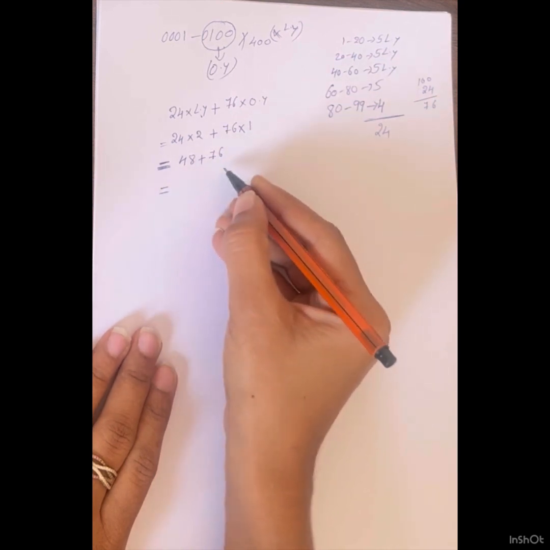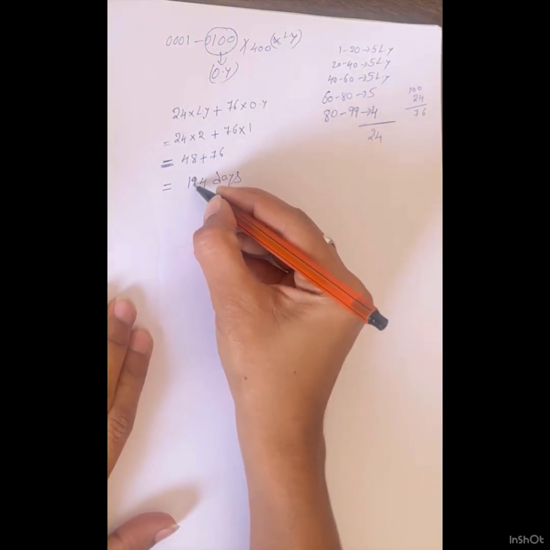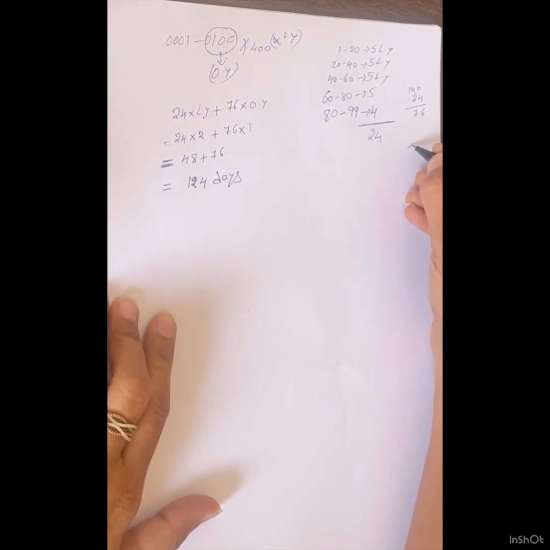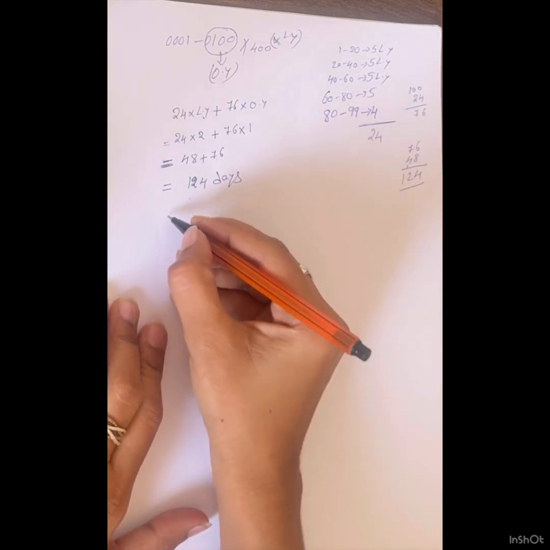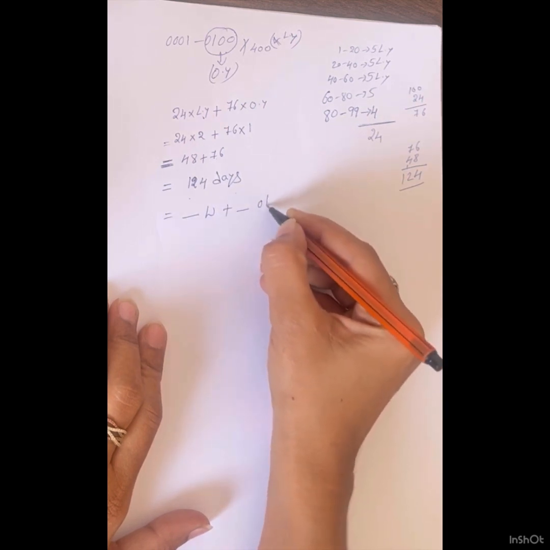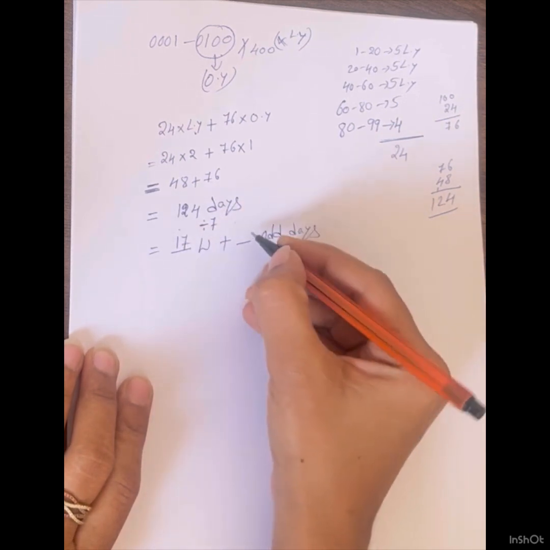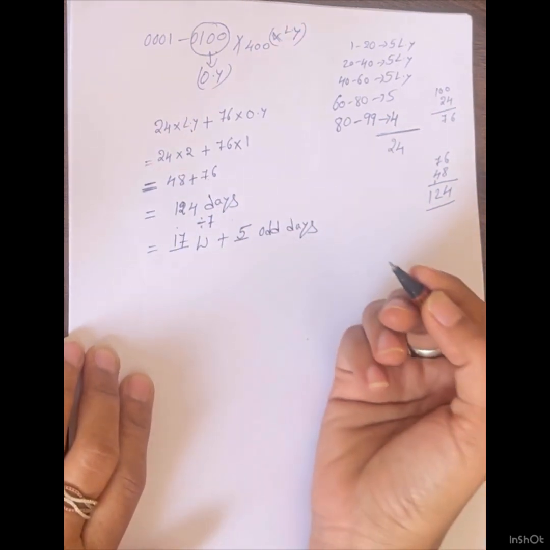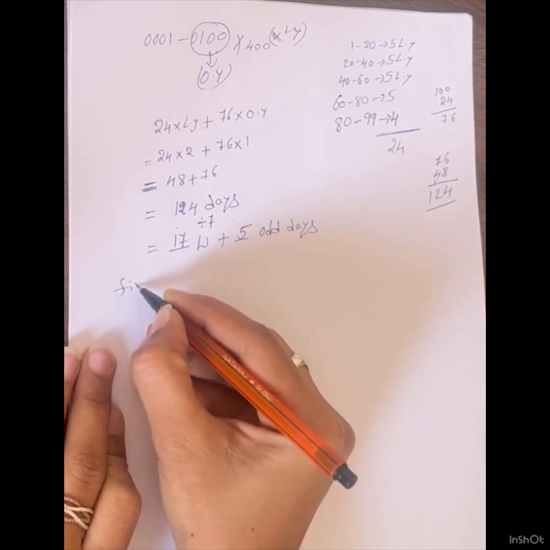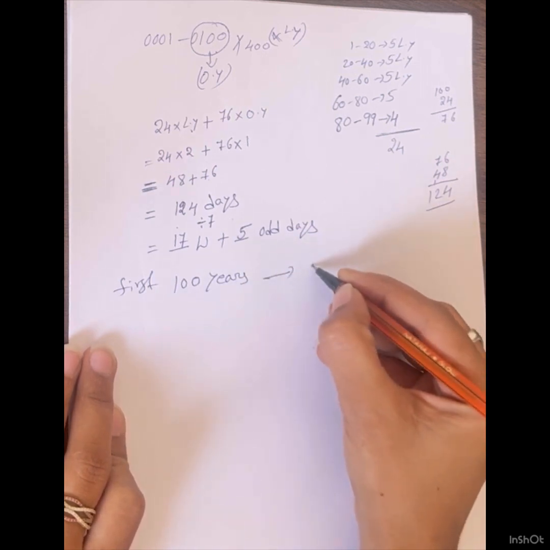After adding 48 and 76, what do we get? 124. So 124 days. Now it can be written as some weeks plus some odd days. Divide this number by 7, then you get 17 weeks plus 5 odd days. Okay, so for the first 100 years we get 5 odd days.